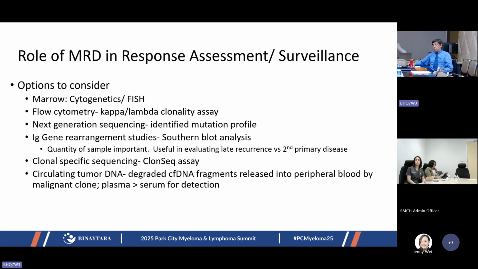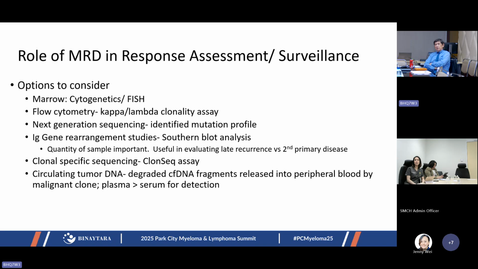So it should be biclonal if you look at a normal population. But if you have a disease that you need to monitor, you can look for a single expression of kappa or lambda.